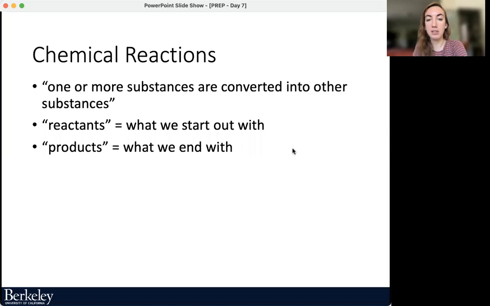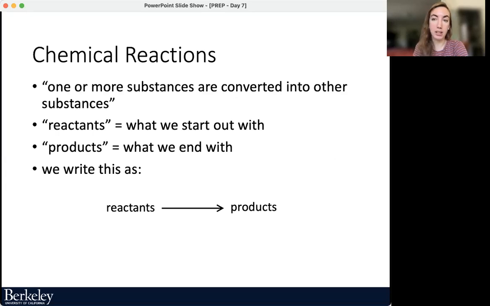So I think that one should be a little more intuitive, and then reactants is the other one. So when we're writing a chemical reaction, we write it as reactants going to products. So the arrow tells us which direction the reaction is going in. It's starting with reactants and going towards the products.